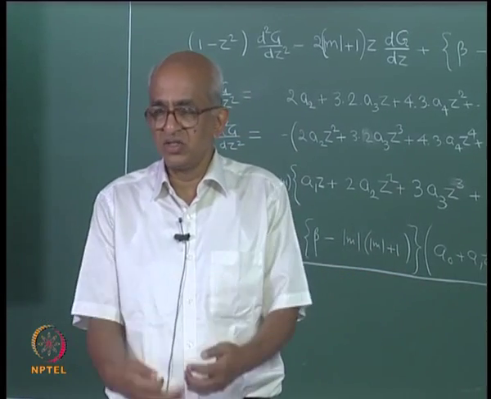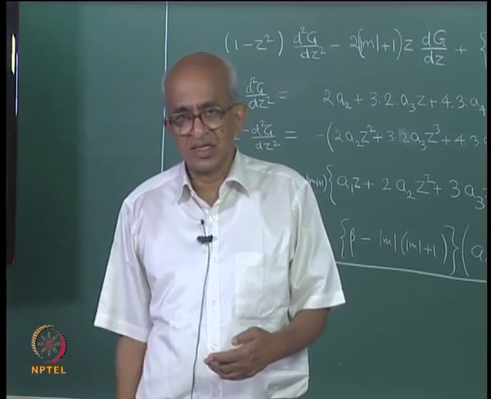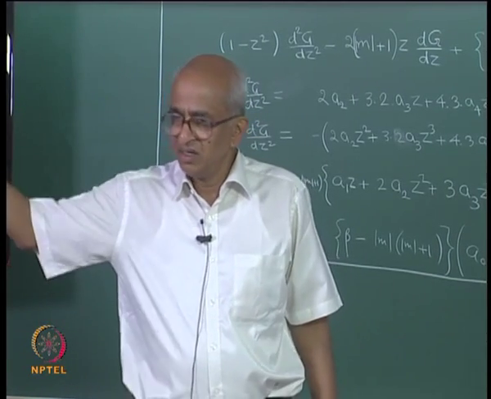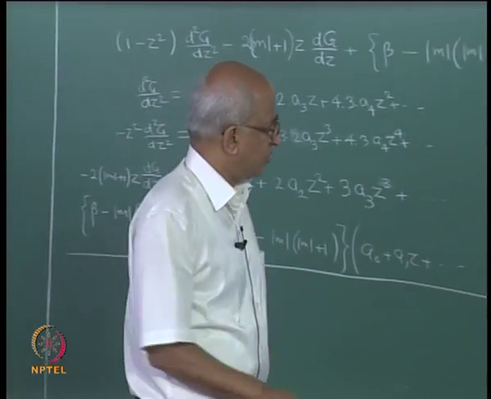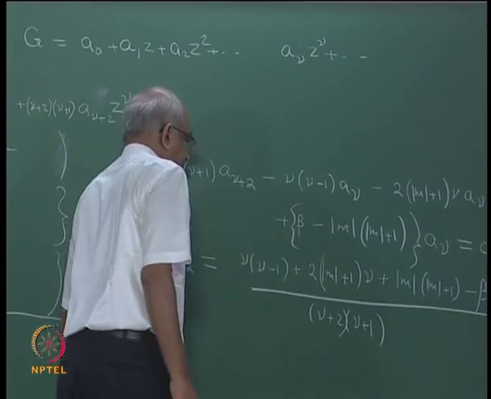So, if you give me A0, I will be able to calculate A2, then A4, A6, etc. And similarly, if you give me A1, I will be able to calculate A3, A5 and so on. But this numerator I will simplify.